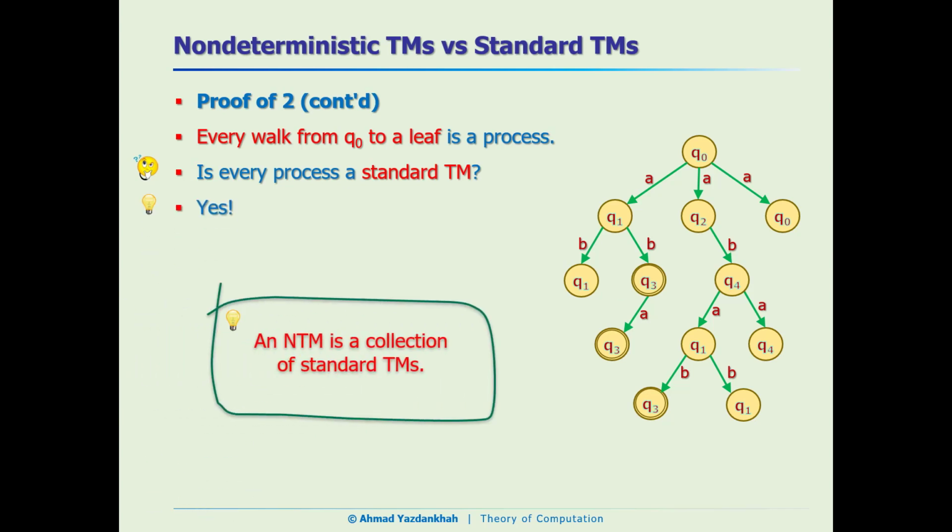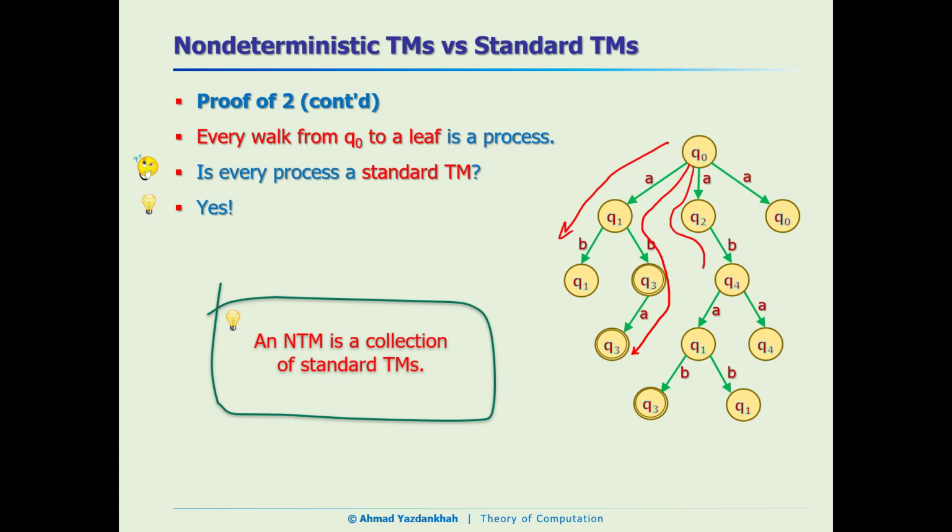Of course, yes. Every process starts from the initial state until it halts somewhere, for example, here. These are the leaves of this tree, right? When you look at these processes separately, you see one standard Turing machine, right?